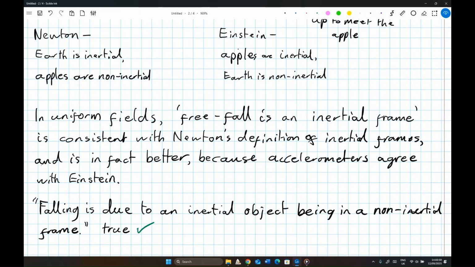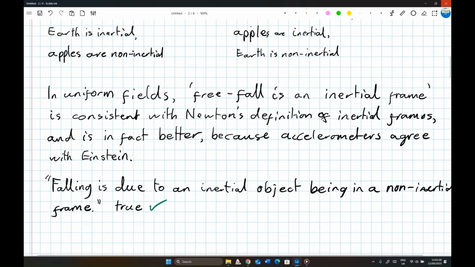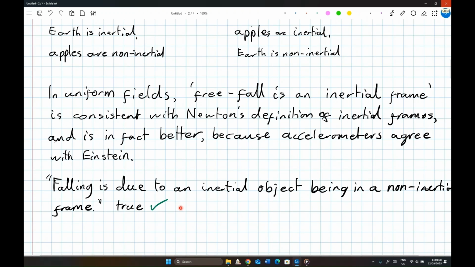So, falling is due to an inertial object being in a non-inertial frame. That is true. Mathematically, that is a true statement, even according to Newton. Even Newton has to agree in this scenario.